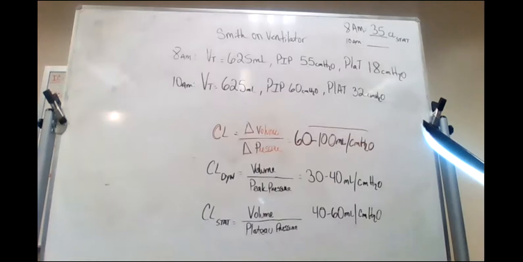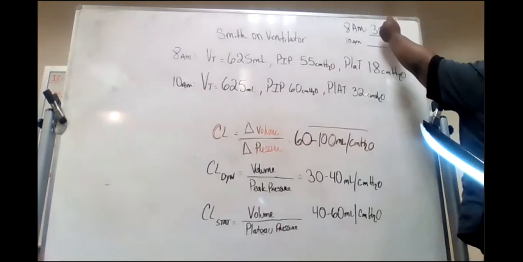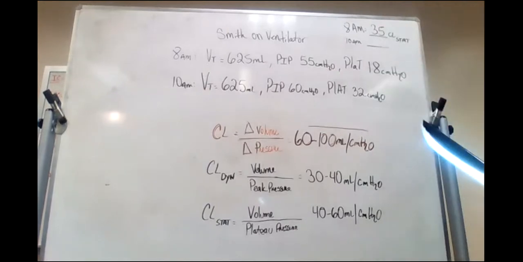After we figure out how much it is, figure out what then? Is his compliance dropping or increasing? I just want to know his plateau, I mean his static compliance.